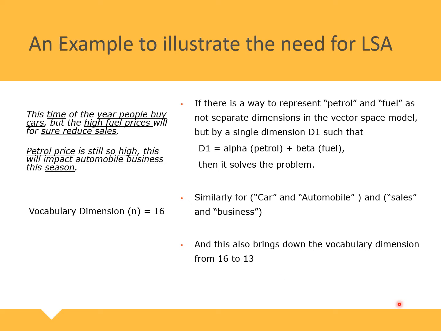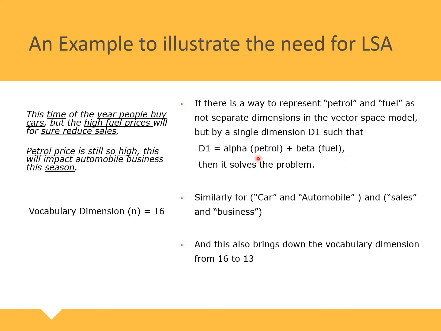So dimension is a big issue here. So this approach of combining some of the related words and representing them as a single dimension in the vector space model, rather than as different dimensions, also helps bring down the dimensionality of the problem.